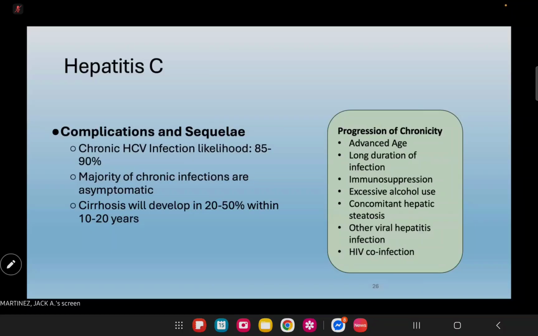Chronic hepatitis C infection can also lead to hepatocellular carcinoma, just like hepatitis B, making early detection and management very important.